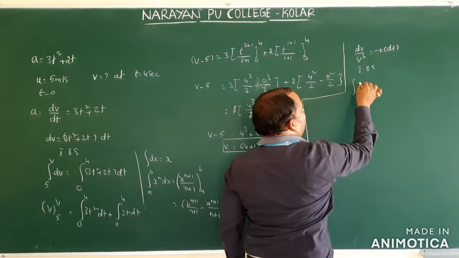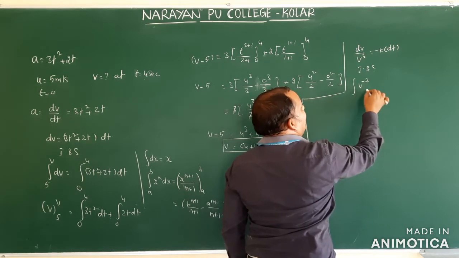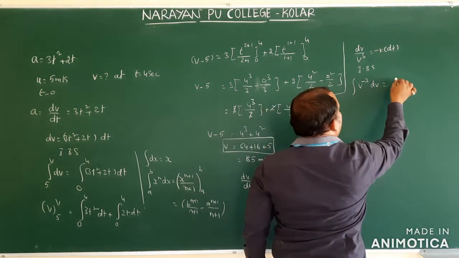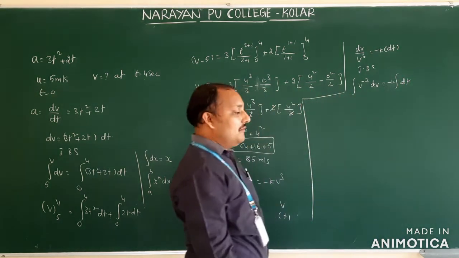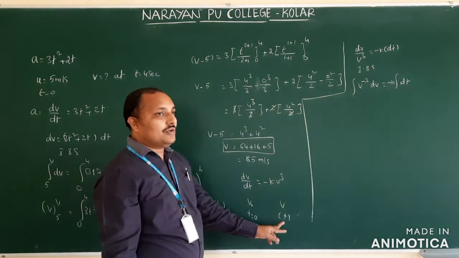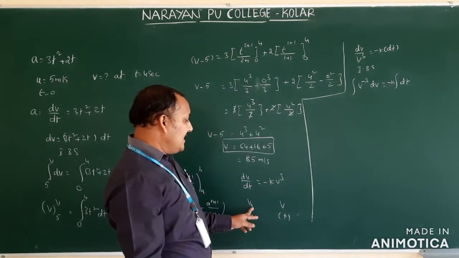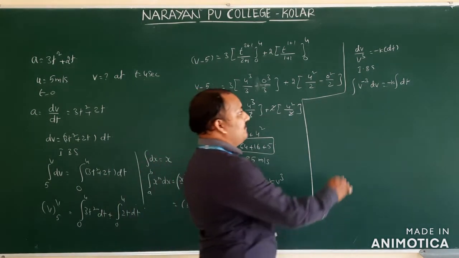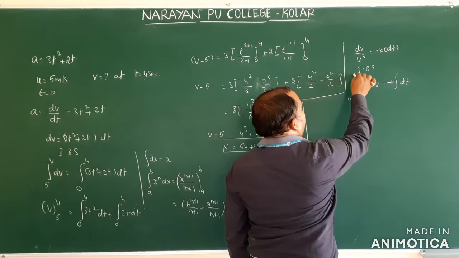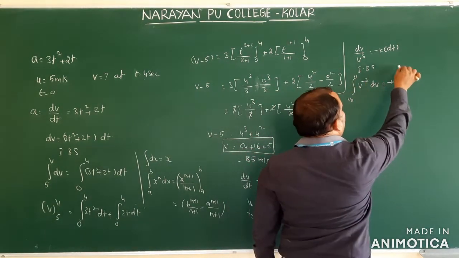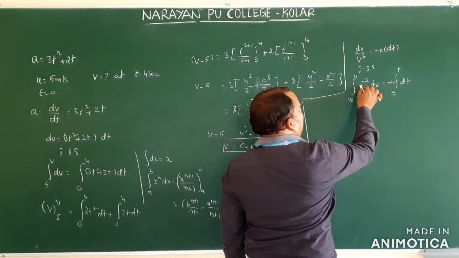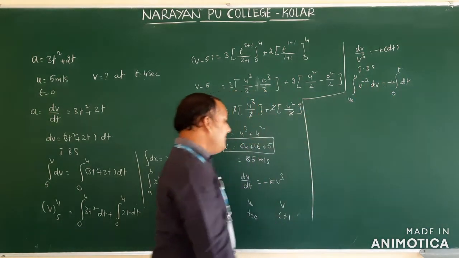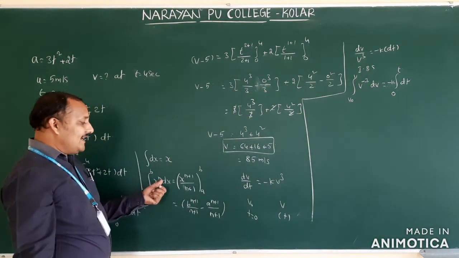Integral 1 by v cube can be written as v power minus 3 dv is equal to integral minus k dt. Where time is varying from 0 to t, and velocity is varying from v0 to v. Therefore, v0 to v, 0 to t. Here v power minus 3 dv, same formula you have to apply. x power n dx.